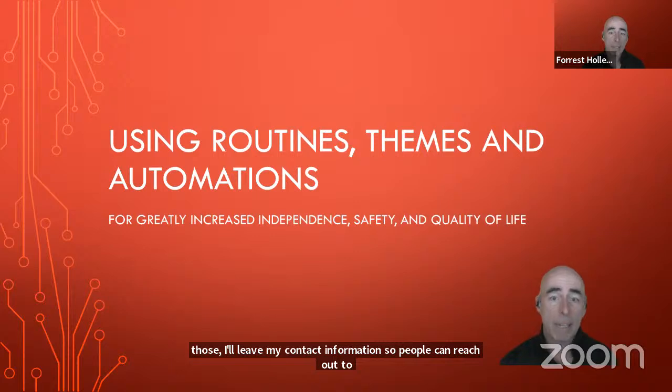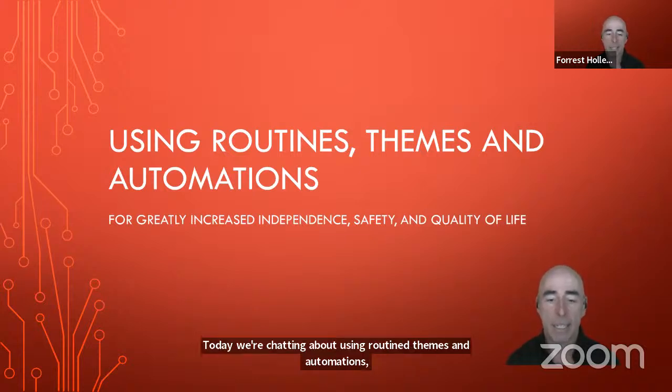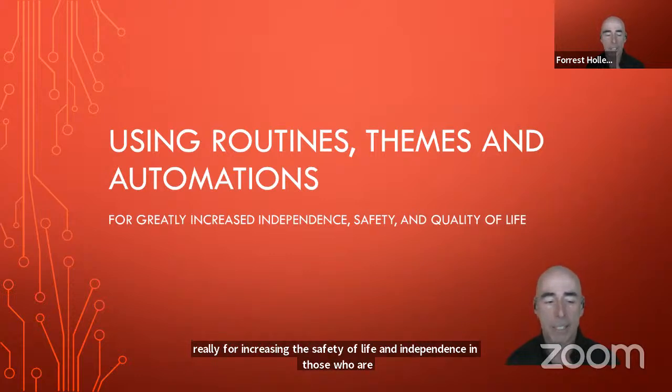So today we're chatting about using routines, themes, and automations really for increasing the safety, quality of life, and independence of those who are disabled, and in some cases aged adults.